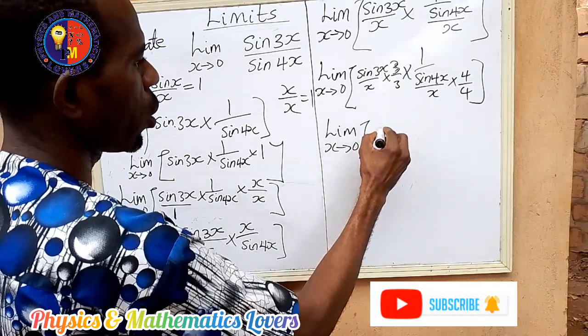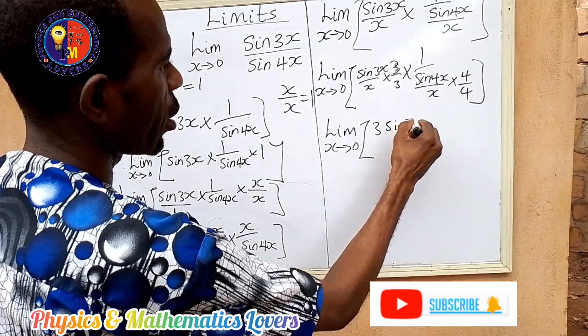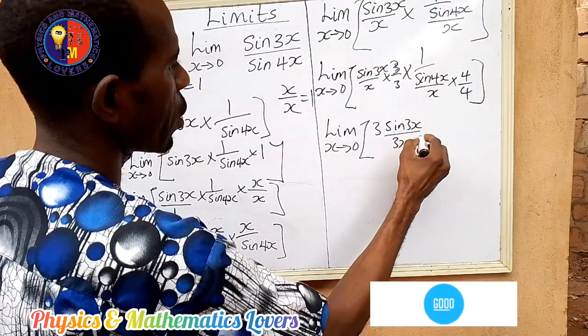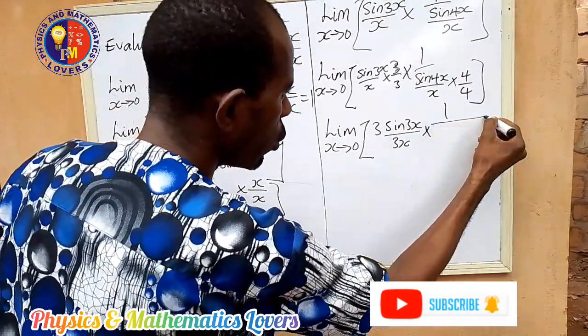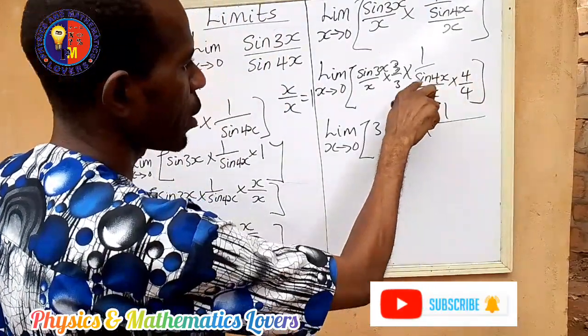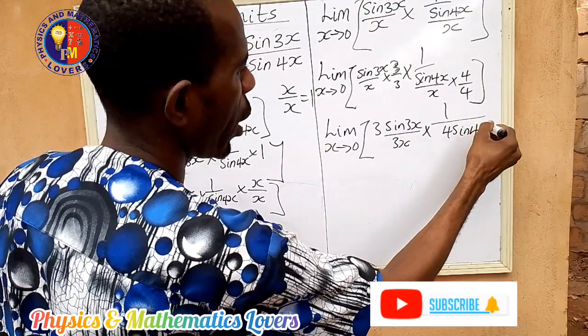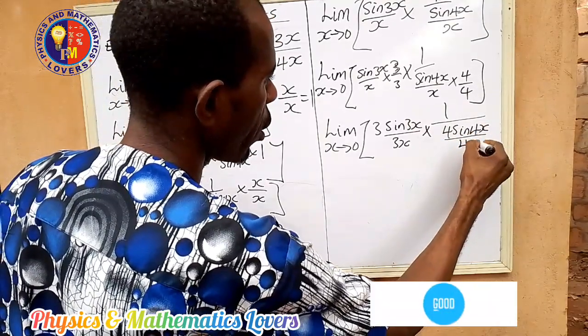Here it becomes 3 sine 3x all over 3x, then times 1 all over 4 sine 4x all over 4x.